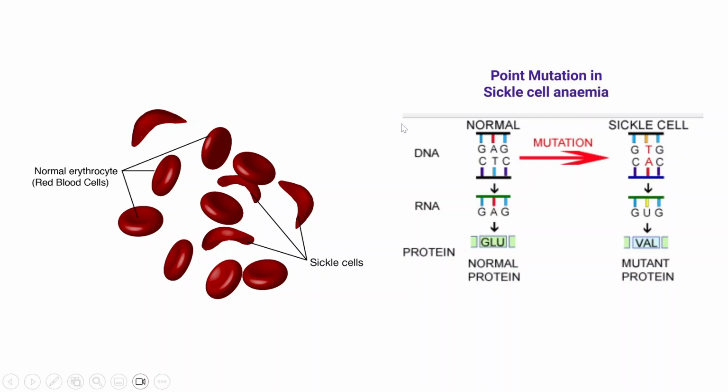But while synthesis of the hemoglobin, in the gene in the DNA sequence, there is one base pair change that leads to the mutation, that leads to a faulty RNA synthesis and protein synthesis.